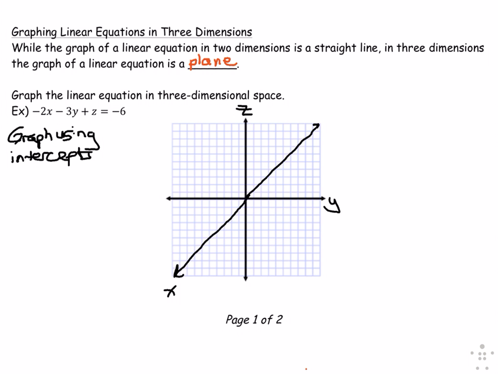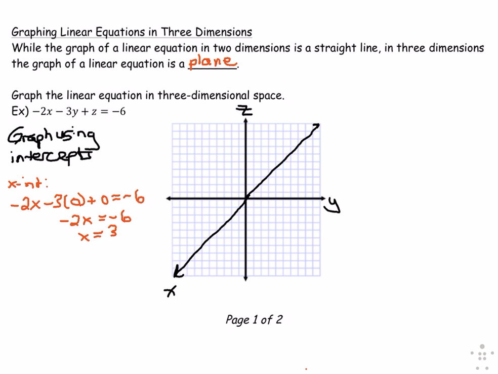I'll use red for the x-intercept again. So that means that not only will y be 0 on the x-axis, but also z will be 0 on the x-axis. So I substitute in zeros for those other values. You could just opt not to write them. And then I solve the resulting one variable equation.